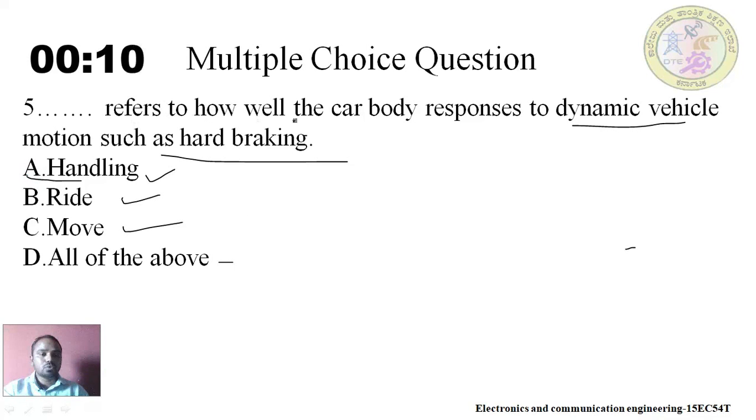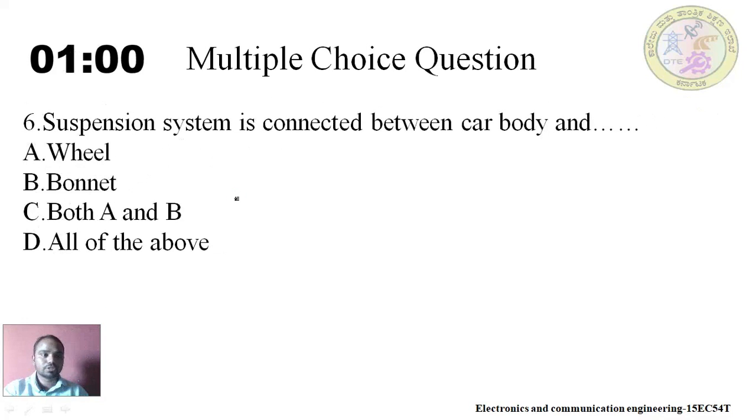Handling refers to how well the car body responds to dynamic vehicle motion such as hard braking. By improving the damping, the handling can be reduced. Similarly, by reducing the damping, the ride can be improved. Now we'll move to the next question.